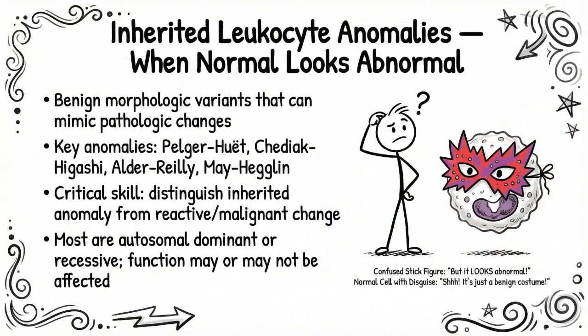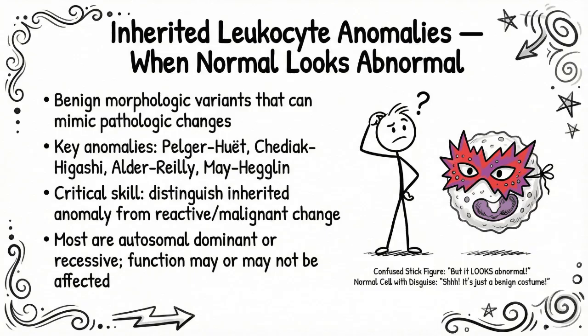Now, let's take a detour into some conditions that can fool you. I want to take a detour into a group of conditions that are important to know precisely because they can be mistaken for something more serious. These are the inherited leukocyte anomalies, benign morphologic variants that have characteristic appearances on the peripheral blood smear. The big four you need to know are Pelger-Hewitt anomaly, Chediak-Higashi syndrome, Alder-Reilly anomaly, and May-Hegglin anomaly.